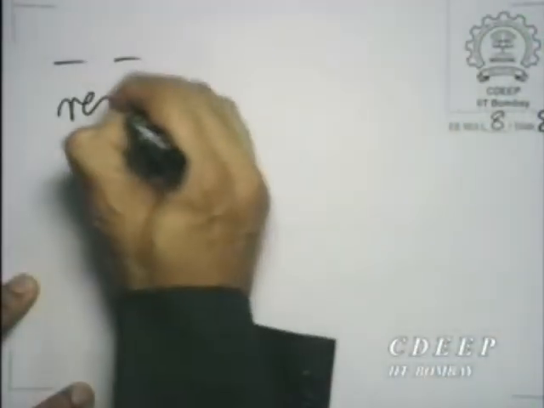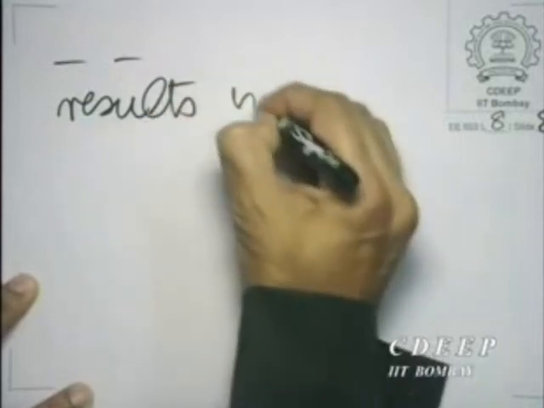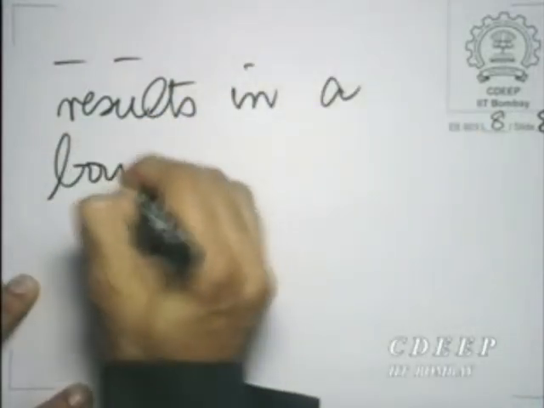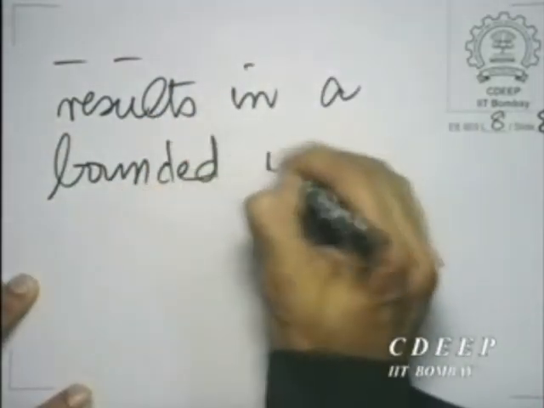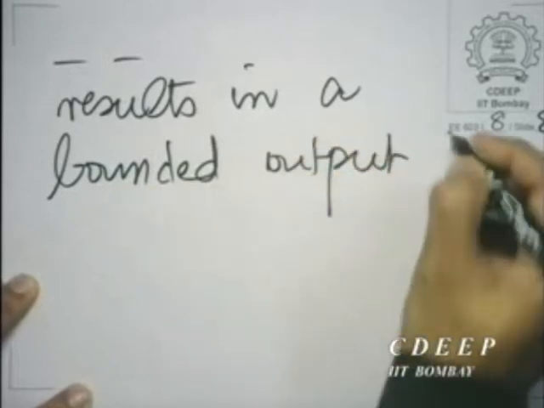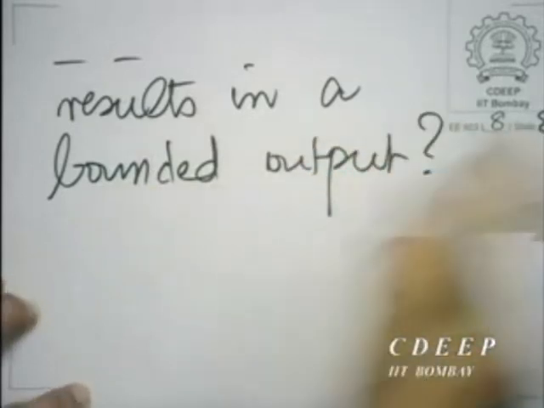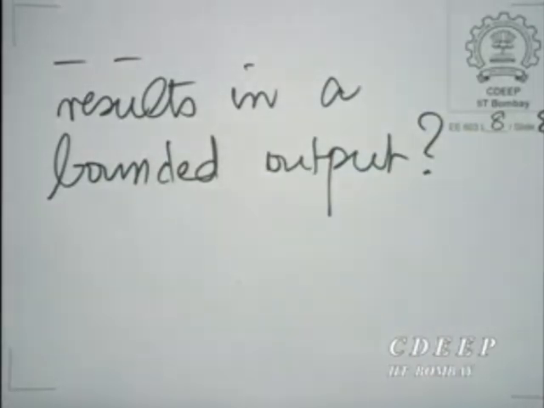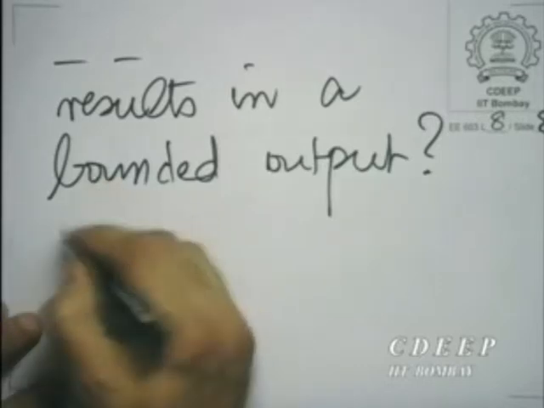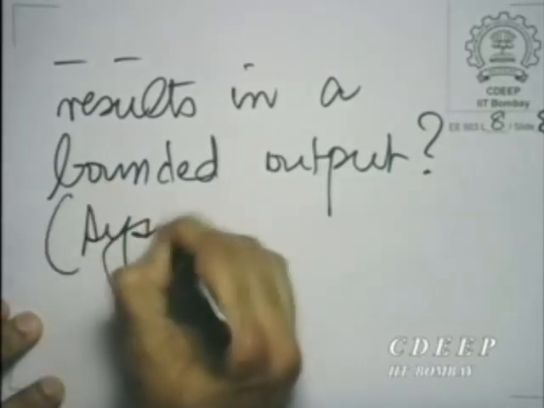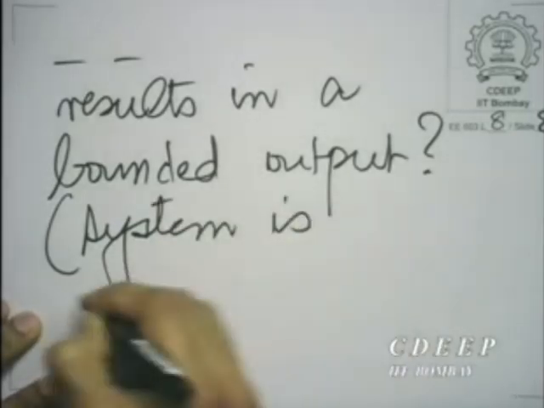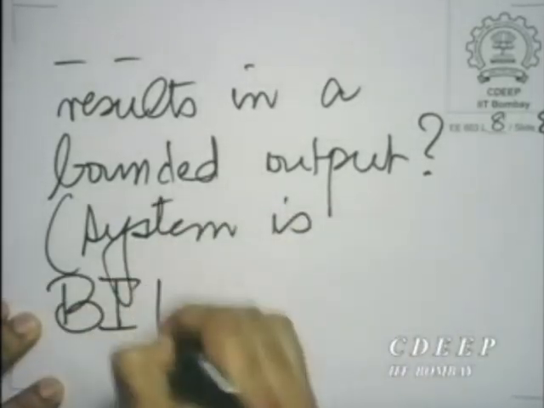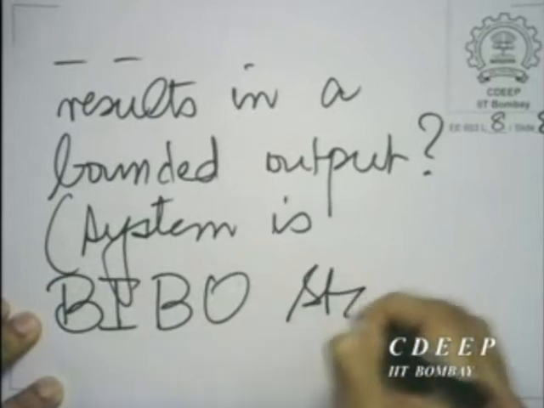So if every bounded input results in a bounded output, in other words, the system is what is called bounded input, bounded output stable.